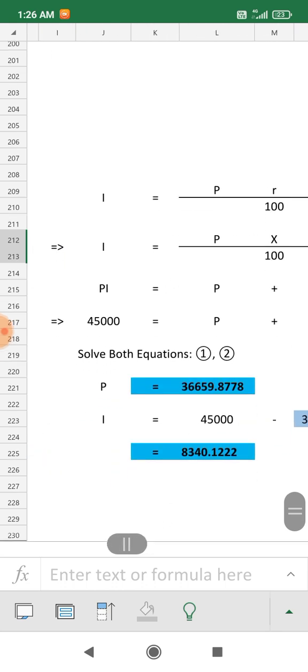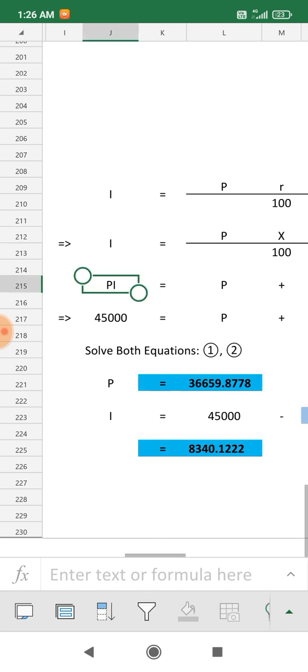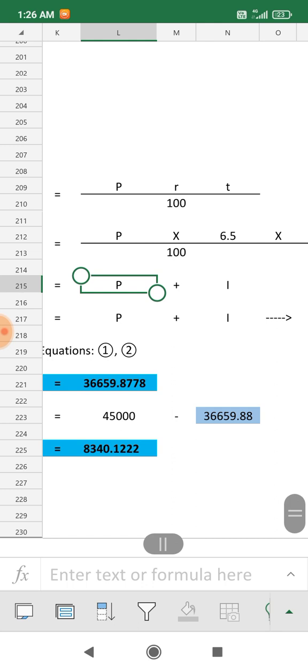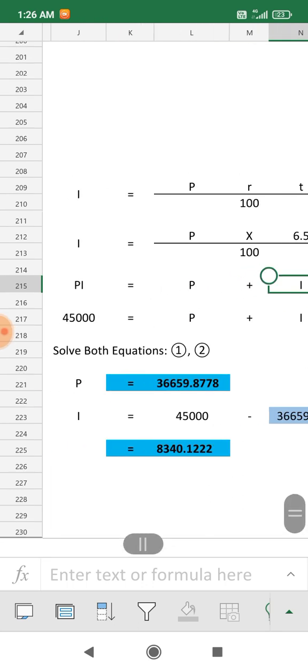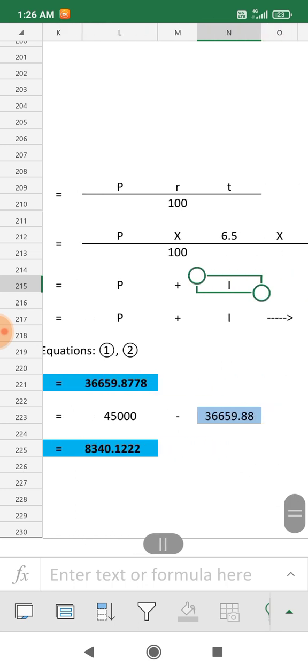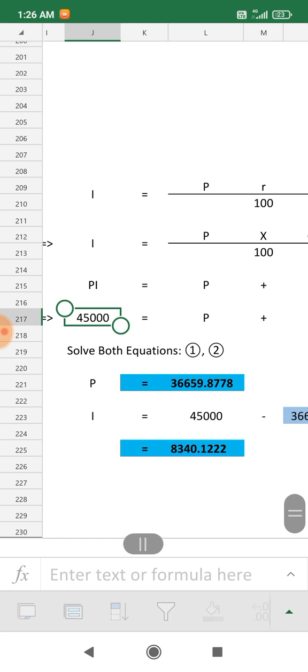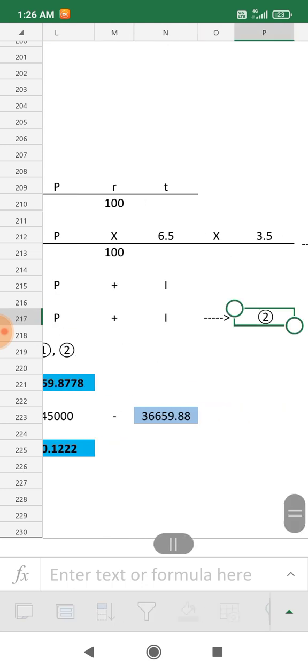And second equation, we have to write the second equation. The second equation will come from the second formula. PI equals P plus I. That means P plus I equals this. This is our second equation.